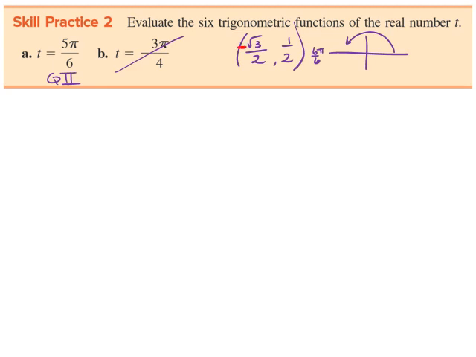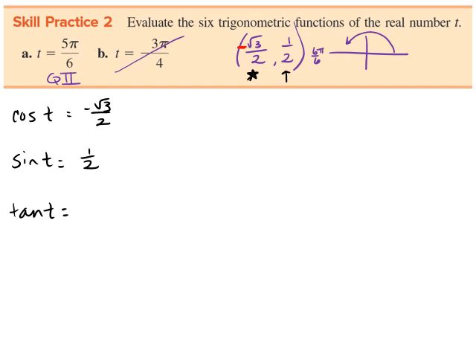So I'm going to find cosine, sine, and tangent. Once I have these, I can find the reciprocals. Cosine is negative root 3 over 2, right here. Sine is a half, right here.